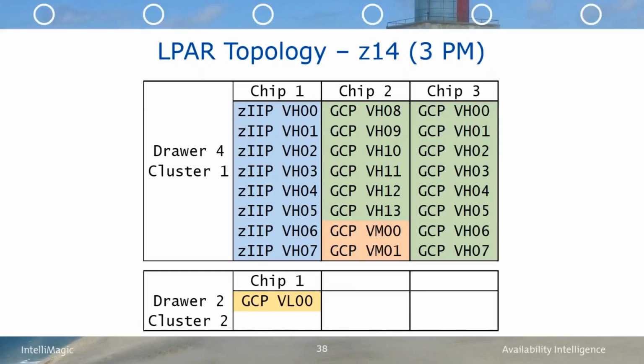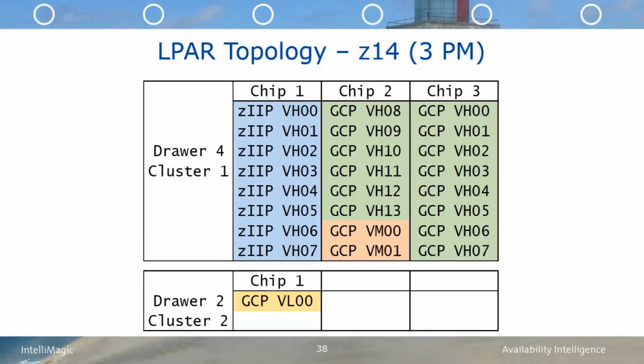Now I include this topology diagram from later that day, again on the Z14, to highlight 2 points. First, Prism can make dynamic changes to LPAR topology. In this case, the change was likely driven by the fact that additional zIIPs were configured online. Note that now the LPAR is located in an entirely different drawer. Now it's in drawer 4 versus drawer 2 earlier.